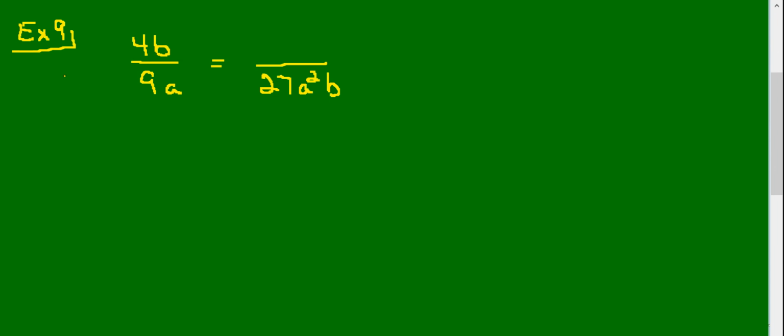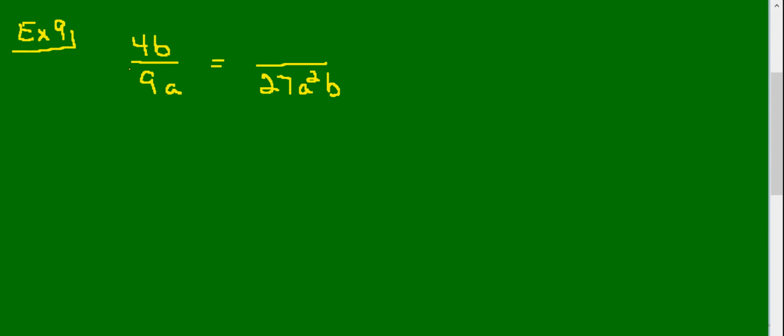All right, here we are, example 9a, and our job is to find an equivalent expression and show how these are equivalent. So what I have to do here is manipulate this 9a so it looks like 27a squared b. So what would I have to multiply that by?